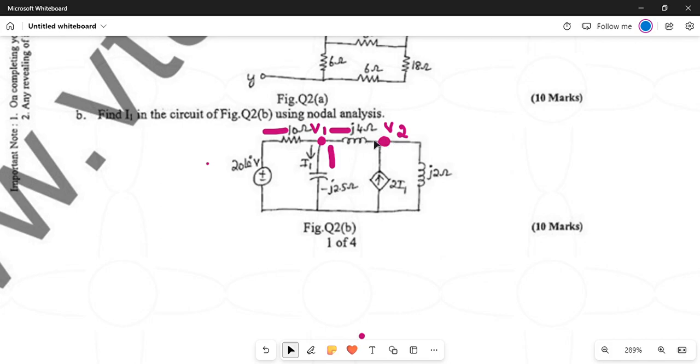Look at this J4 ohm, it is connected at this point, this 2I positive is connected here, and here the J2 ohm is connected. So these three are getting connected to one single point, which I say is my node V2. Fine. So now you know how the nodes are identified.